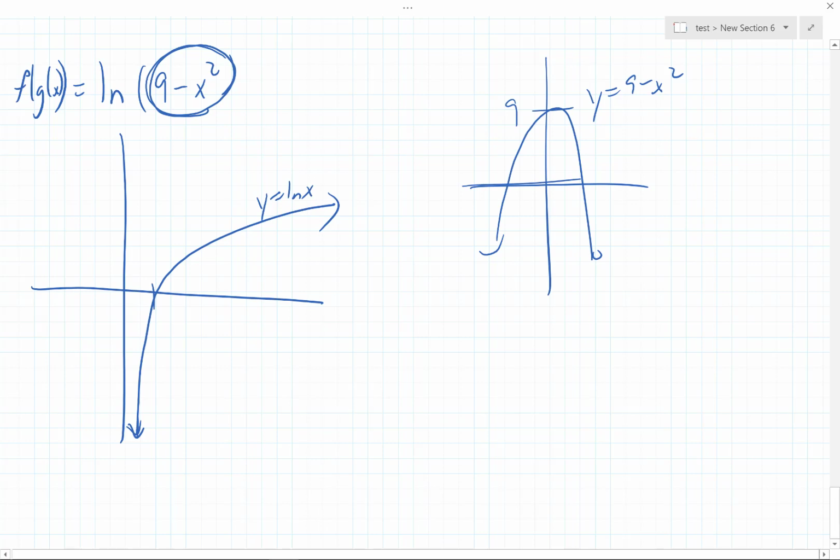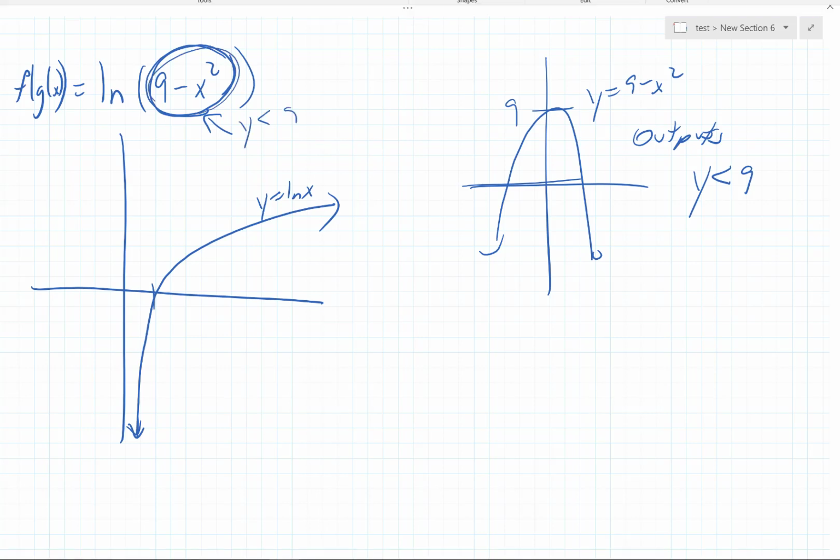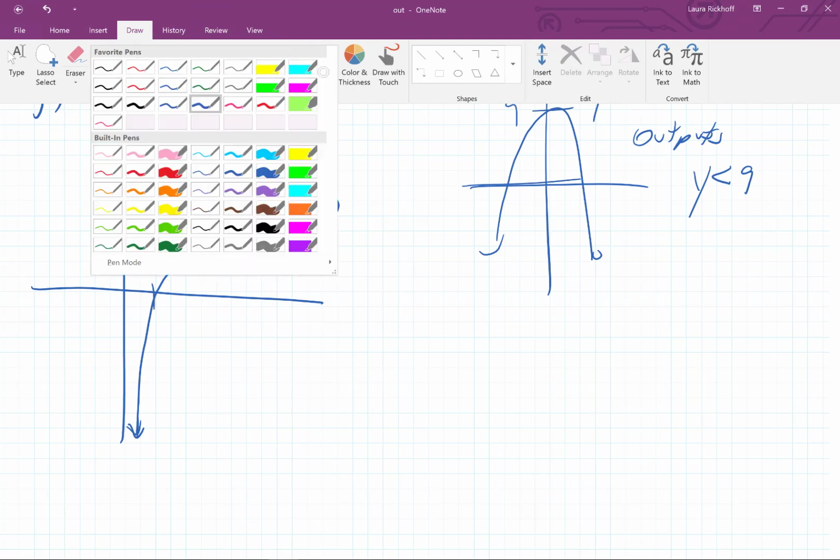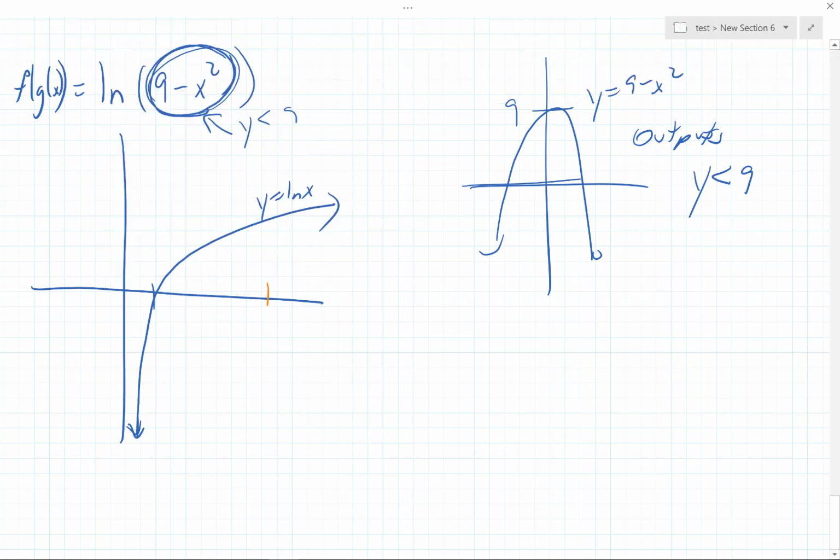So the outputs are y values that are less than 9. So I'm only going to be plugging into here things that are less than 9.